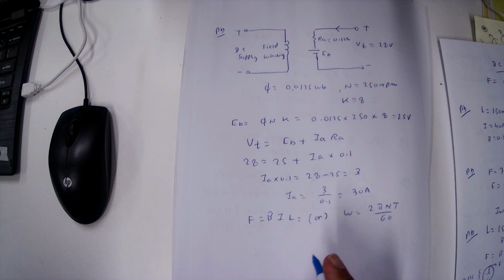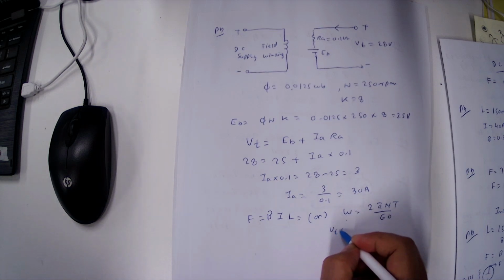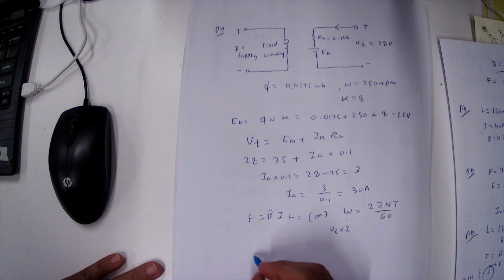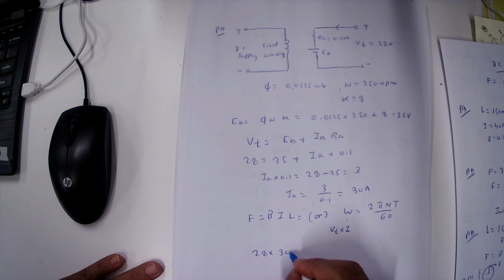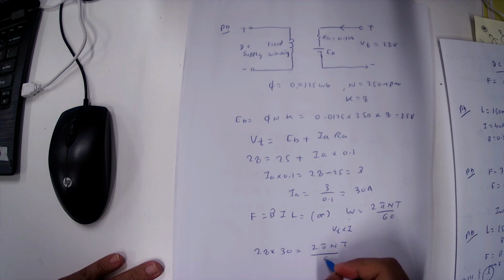So the power is equal to terminal voltage multiplied by current. We substitute terminal voltage 28 volt, current is 30 ampere. This is equal to 2 pi NT by 60.